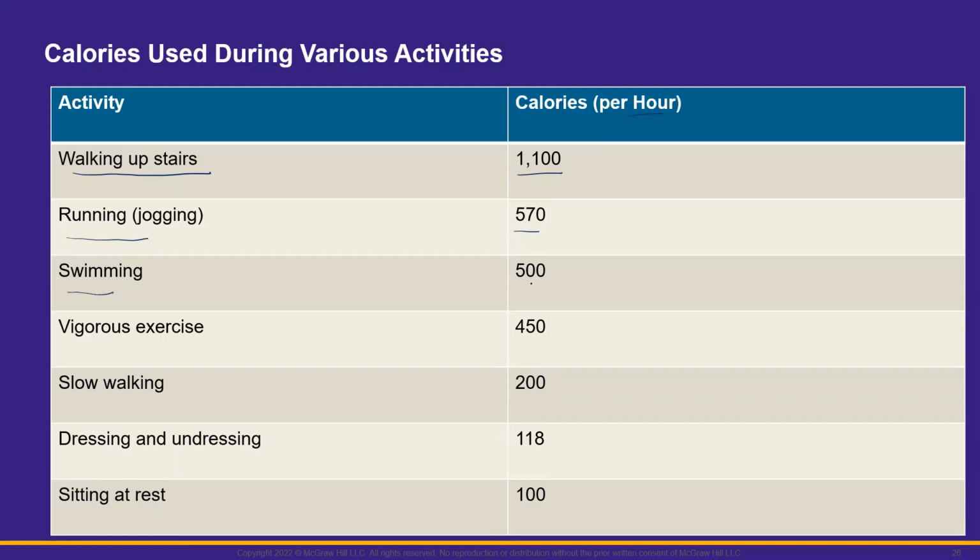Swimming takes about 500 calories per hour. Vigorous exercise takes about 450 calories per hour. Slow walking takes about 200 calories per hour. Dressing and undressing about 118 calories per hour. Sitting at rest uses about 100 calories per hour.